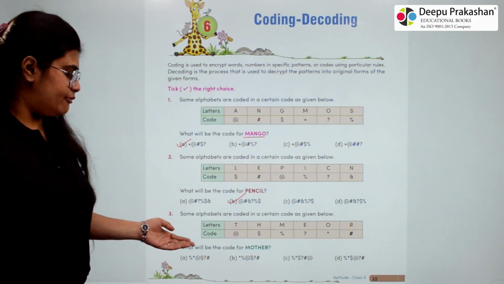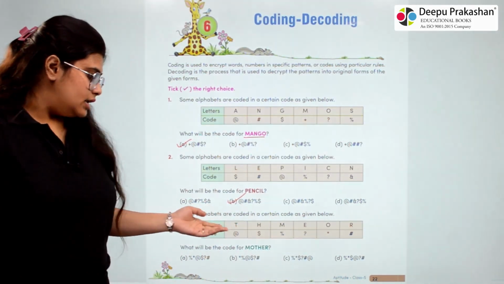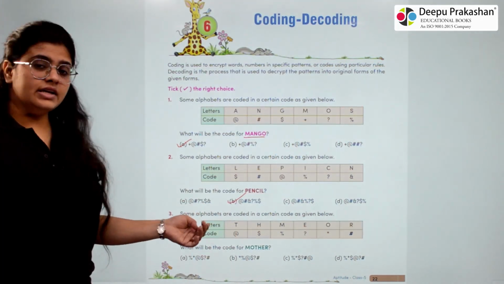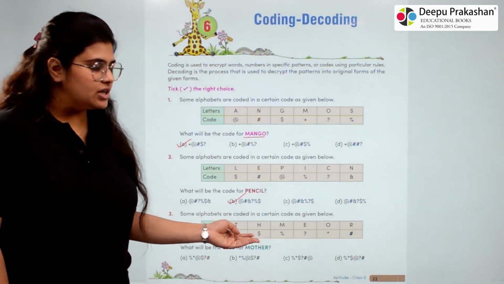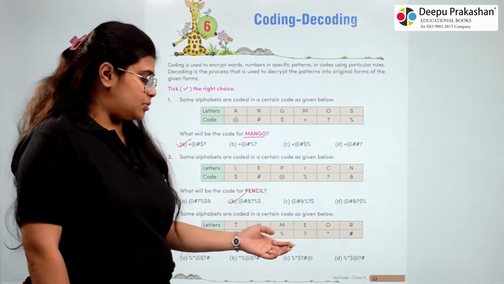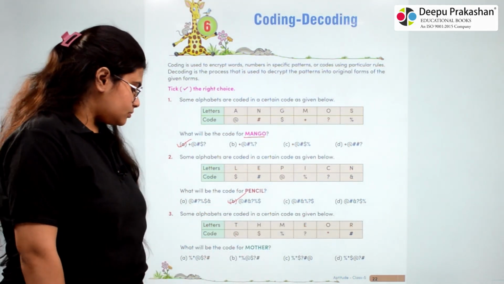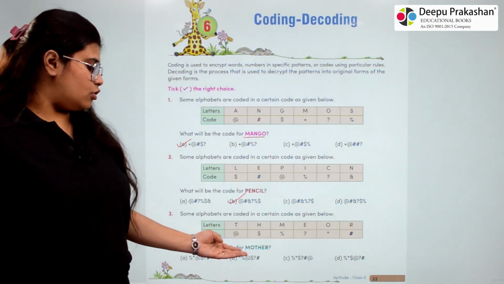3. Some alphabets are coded in certain code as given below. Letters code: T as @, H as $, M as %, E as question mark, O as star, and R as hashtag. What will be the code for mother?